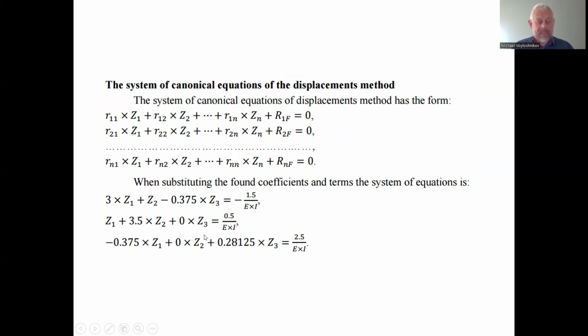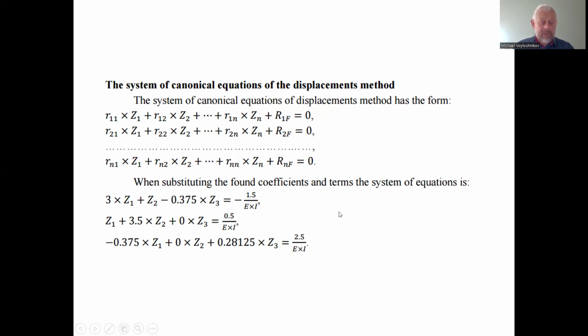We can use a mathematical determinant method in algebra, or we can just gradually, from the first one, derive z1 by z2 and z3. Next we substitute in the second, and we'll have two variables in the second after the substitution, and we will derive, for example, z2 in terms of z3.